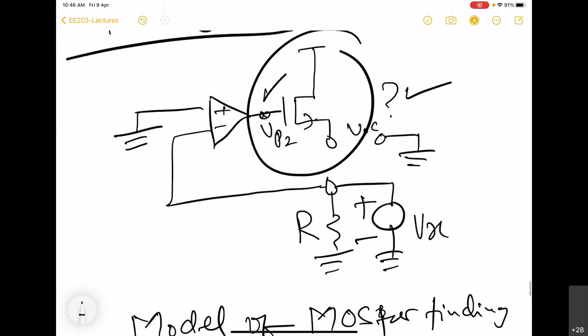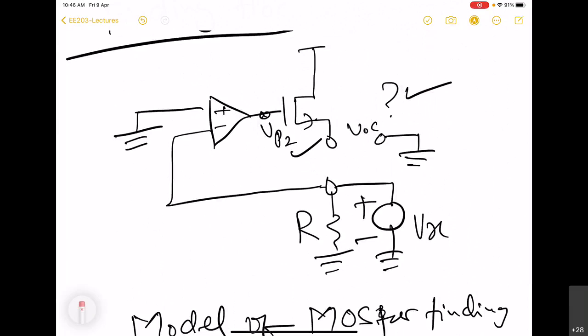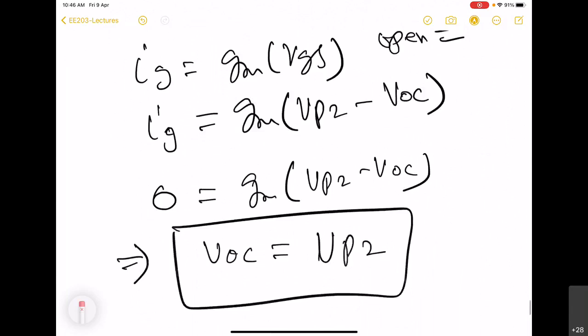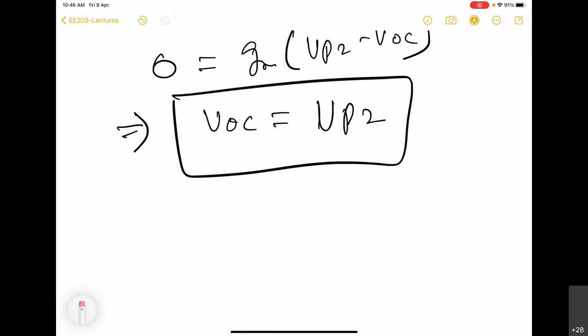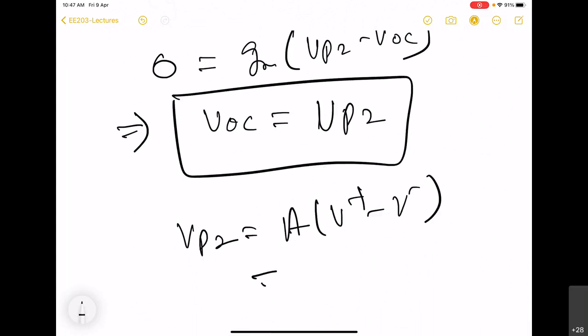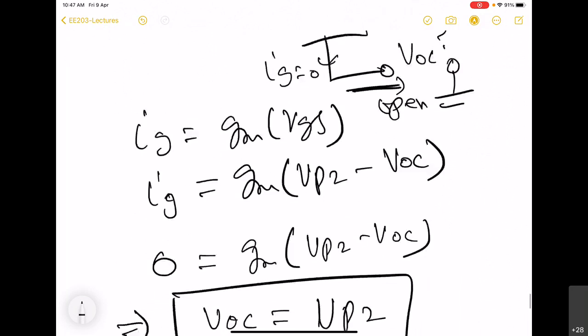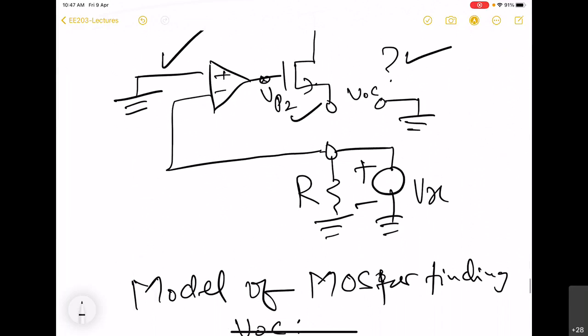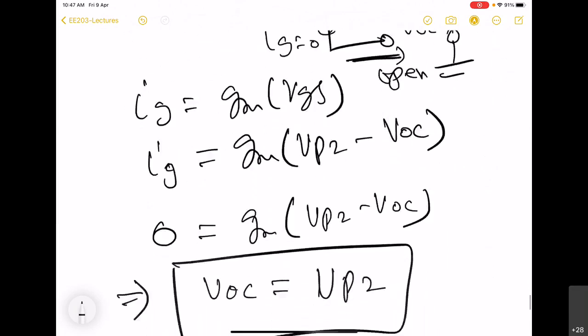So we now know this voltage VP2 here, and from the op-amp we know that VP2 is also equal to A into V plus minus V minus. So V plus is grounded and V minus is actually connected to Vx.